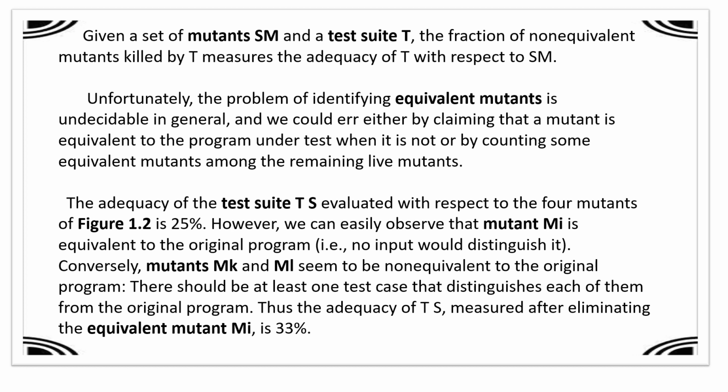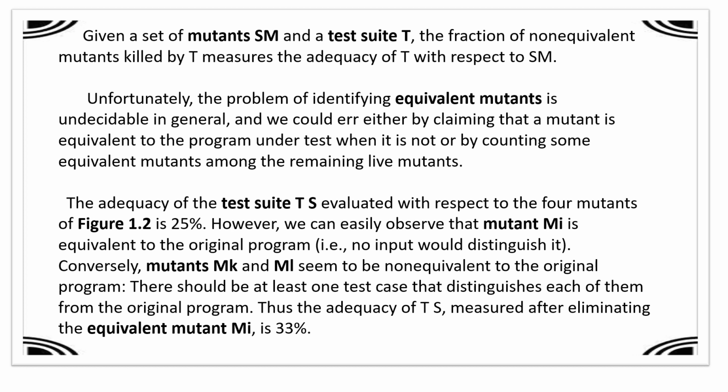Here is given a set of mutants Sm and a test suite T. The fraction of non-equivalent mutants killed by T measures the adequacy of T with respect to Sm.